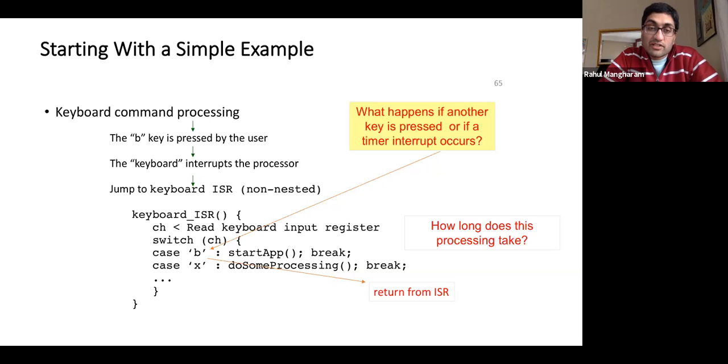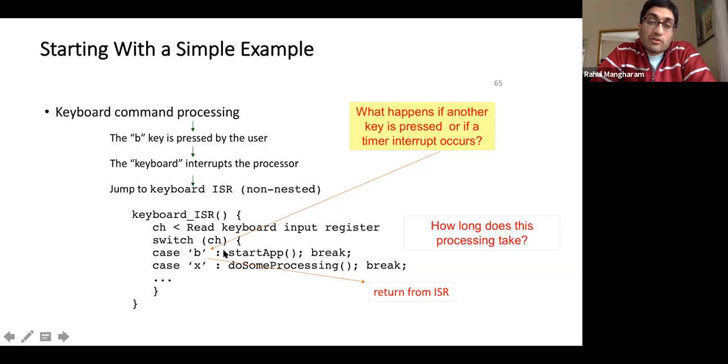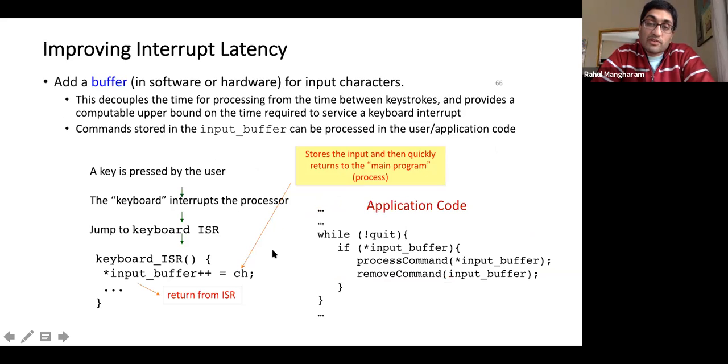Gotcha. So the question is, I just want to get B and I want to do this kind of work later on. How can I do that? Maybe you could store it in a global buffer or something. I could store this in a global buffer. I could have a pointer to this function over here.